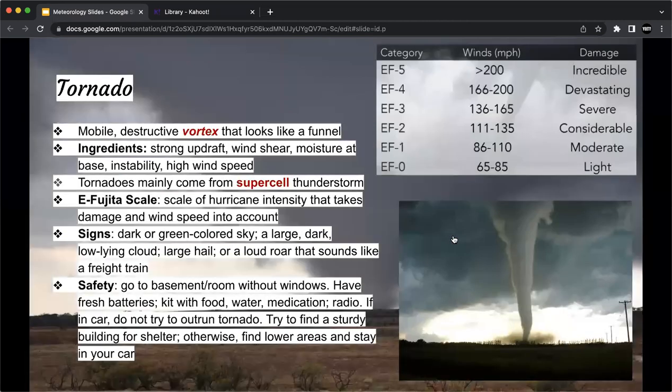Okay, tornadoes. Tornadoes are basically vortexes, and they look like a funnel, and they can move around really quickly, and they're very destructive. So the ingredients: it needs a strong updraft, which is just upward movement of air. It needs wind shear, which is basically when at different altitudes the wind is moving at different speeds.